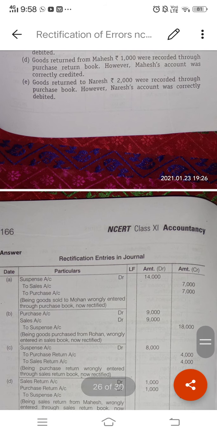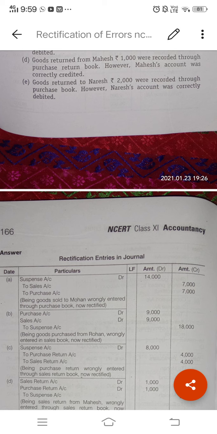Next, goods returned from Mahesh, that is a sales return, which is recorded through the purchase return book. The purchase return book is a credit balance, so there is a wrong credit balance of 1,000. To cancel that wrong credit, we have to debit the purchase return account.